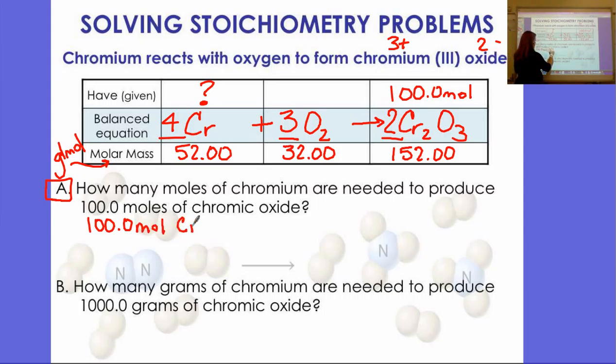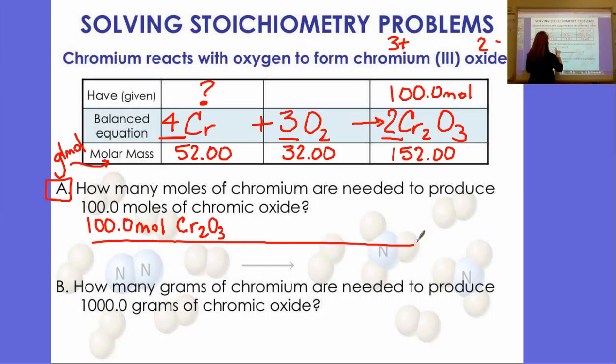100 moles of chromic oxide. Now, if you're thinking snowman, I'm in moles of chromic oxide, which would be here, and I want to get to moles of chromium.